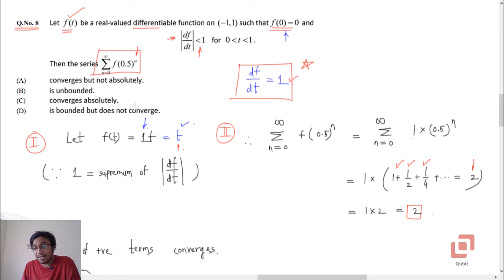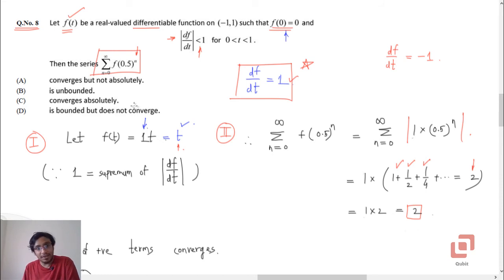See, now if we consider the situation where df by dt is -1, we still would have got a convergent infinite series. Okay, the sum would have converged to negative 2. So what do you observe? You observe that even if we take the absolute values, even then the sum is going to converge.